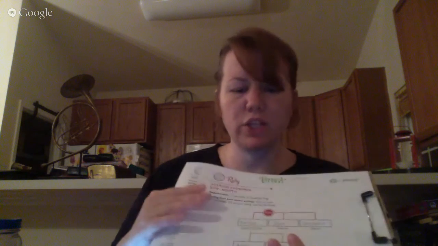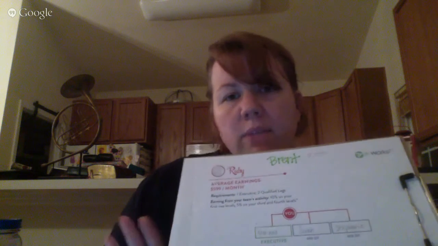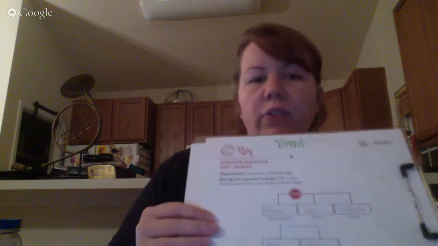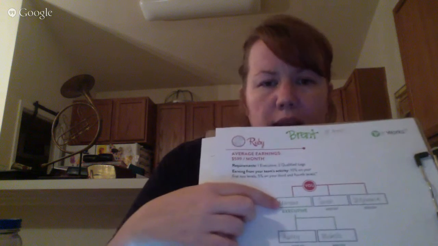Once you've charted, there will be times that you'll have to what we call rechart, and that usually happens when someone has been inactive for a while and does not renew after a year, or decides to quit and turn off auto ship, and you no longer want to count them as a title box, meaning the executive or the emerald or the ruby.